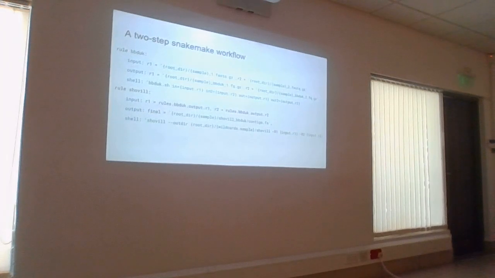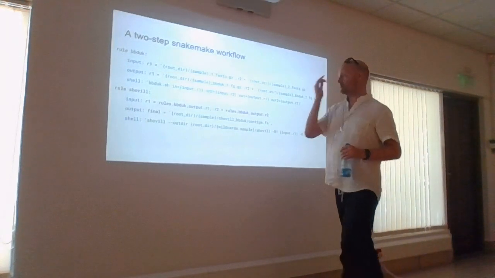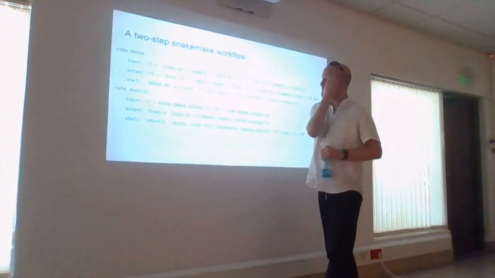Okay, so that's a one-step thing, but again, that's not really super useful. So how do we do a more realistic 2-step Snakemake workflow? Going back to our first example of read trimming and de novo assembly. BBDuk is a read trimming software of the BBMap package.